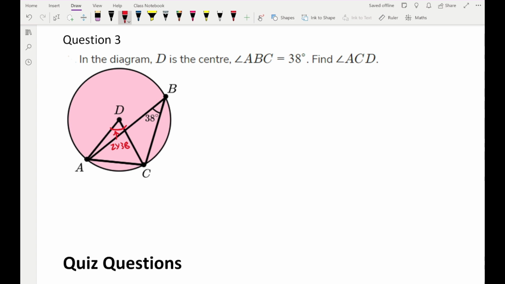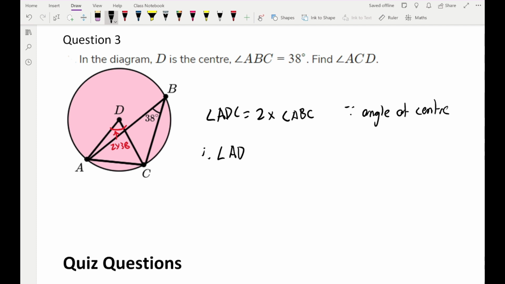Okay, let's step through this bit by bit. So angle ADC equals 2 times angle ABC, because angle at center. Therefore, angle ADC equals 2 times 38, which is 76.